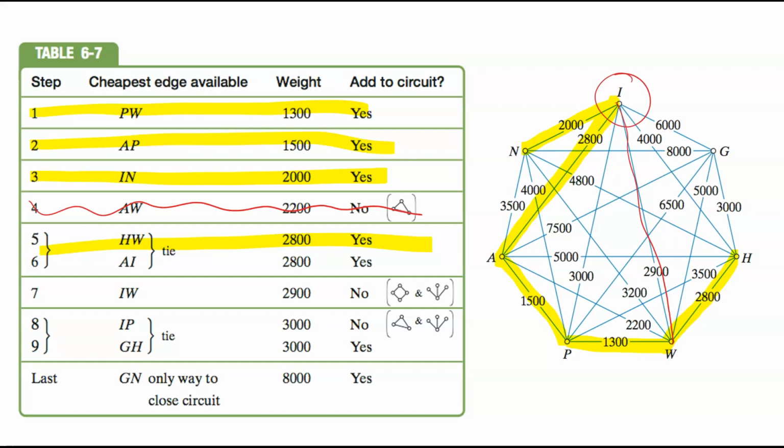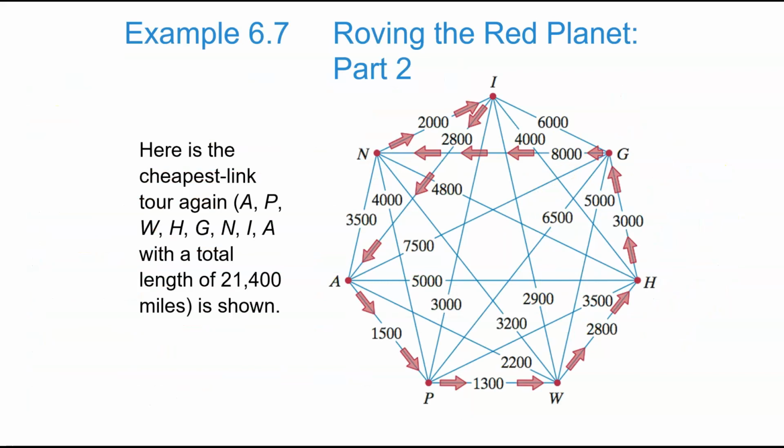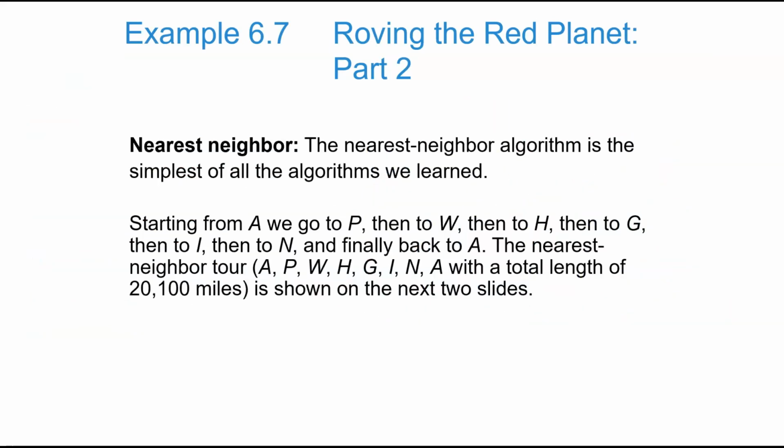We get 3 out of I. We don't want to do that, so we have to not do that link. IP has the same problem. We can't do IP, but we can do GH. And then GN is going to close our circuit. So by using the cheapest edges, we were able to get it really quickly, create a loop, and get our total length. The nearest neighbor algorithm, we could do the same thing.